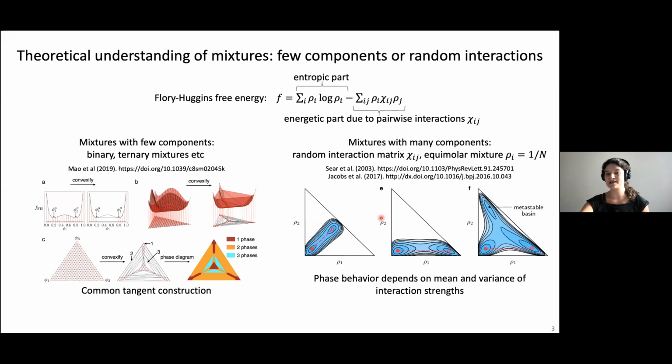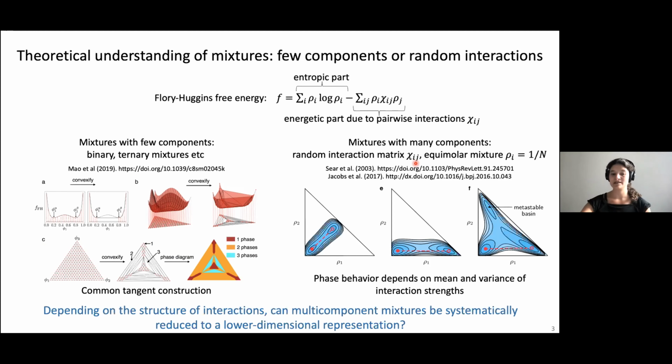So in this project, we take a complementary approach: instead of looking at mixtures with random interactions, we want to understand how the structure of interactions shapes the phase behavior. The question we are trying to address is whether, depending on the structure of interactions, we can systematically reduce multi-component mixtures to a lower dimensional representation.